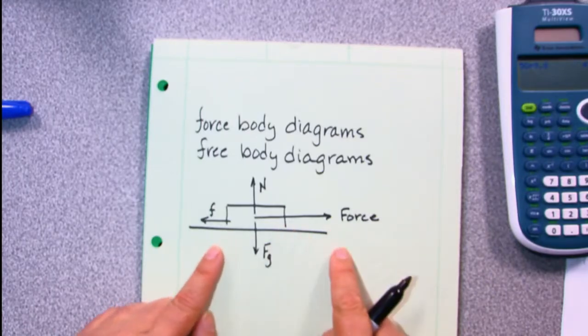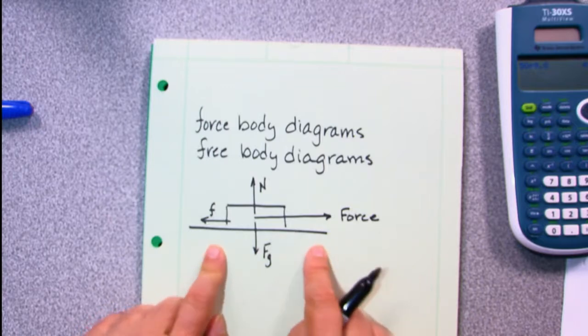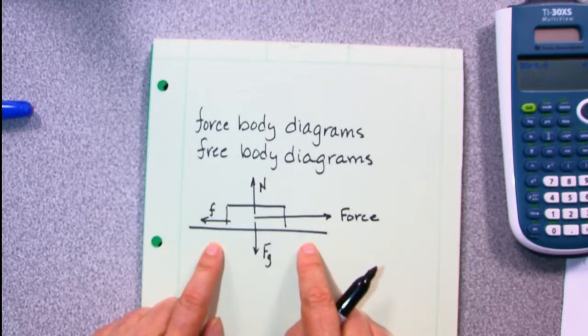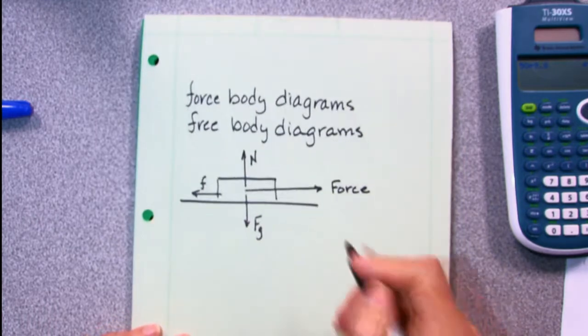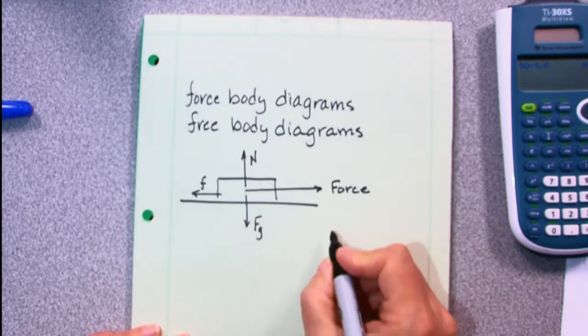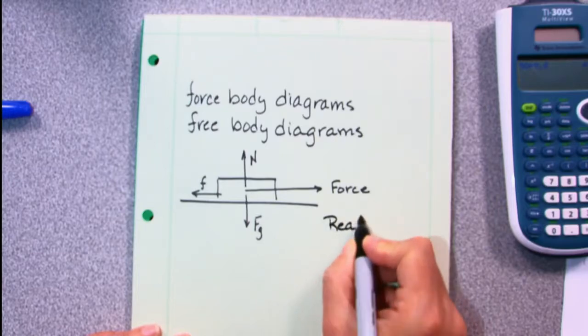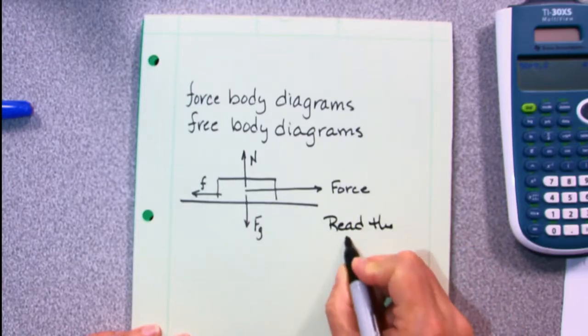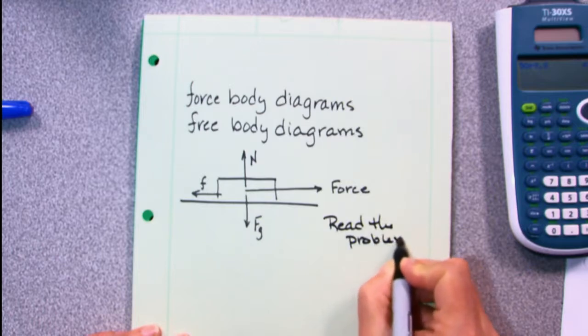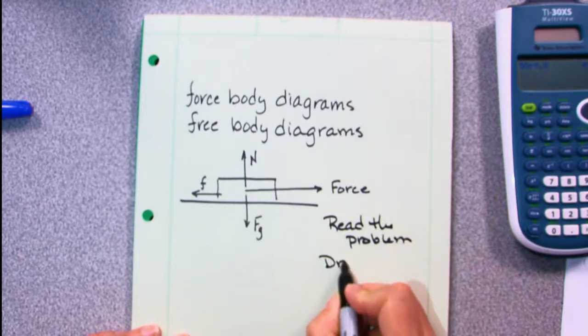So on my block, right now as it stands, I've written everything that's there. So working these problems, what you're going to want to do is read the problem. Then you want to draw your picture.